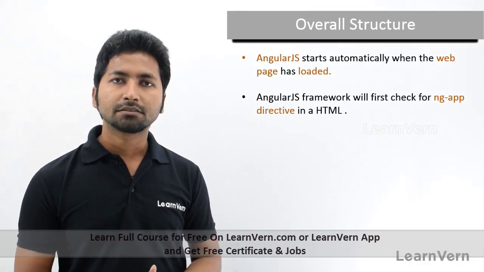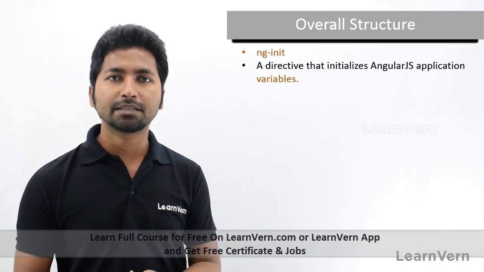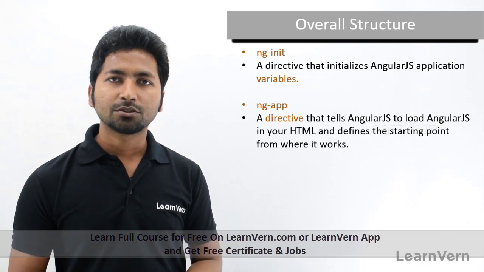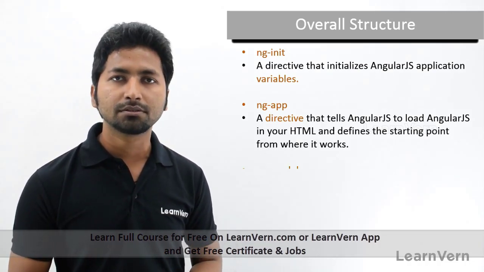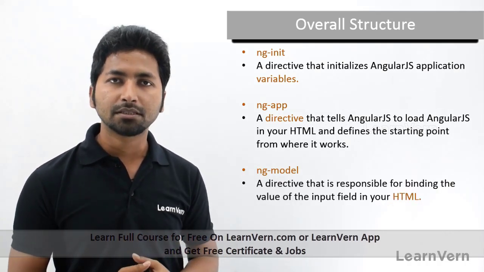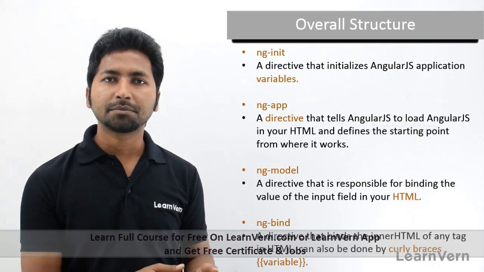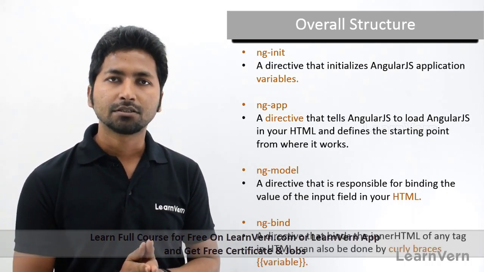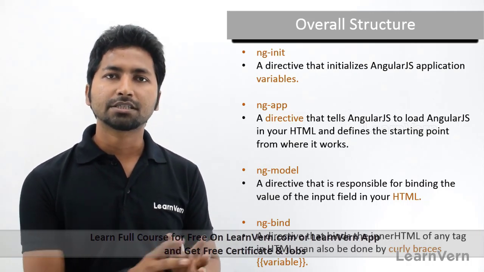For that we need many things like ng-init to initialize some variable, ng-app to declare our application, what the module is you are going to use, and ng-model to bind your variable into your HTML, and ng-bind, or it can be used as curly braces to show any variable's value in your view, in your HTML.